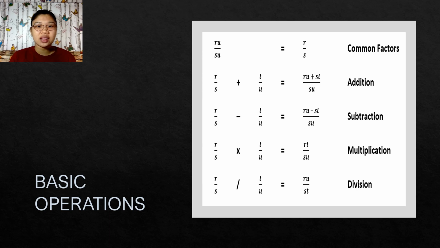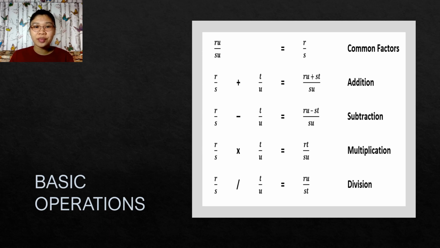So with that, these following rules hold. As you can see in our image here, we have RU over SU. So we can cancel out here U, which we termed as a common factor.